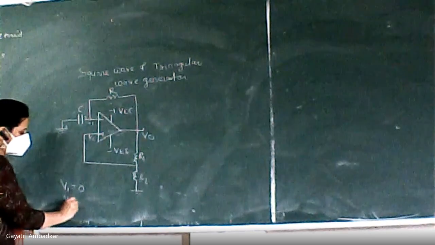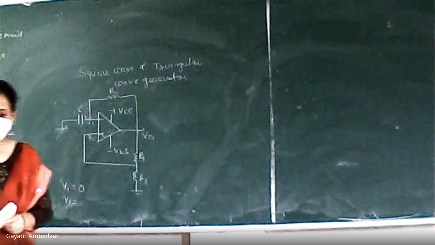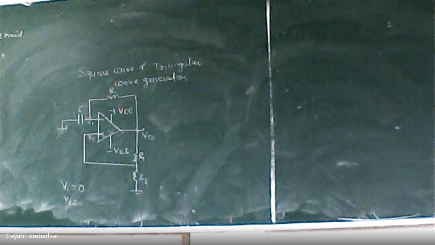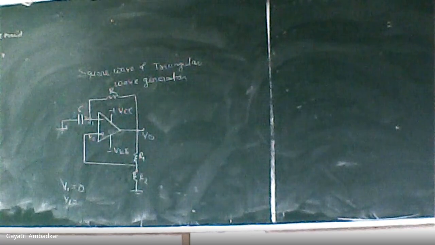What about V2? You know, there will be a very small voltage at V2 because of offset voltage. Do you know the error voltage? So because of the existing offset voltage, there will be some finite value of V2, very small. So initially, the moment I switch on the circuit, V1 is 0 and V2 has some value.